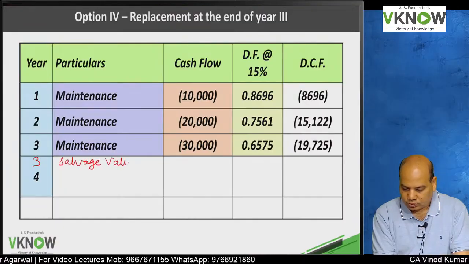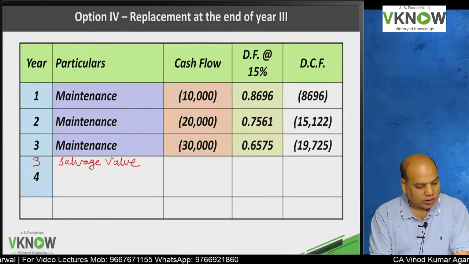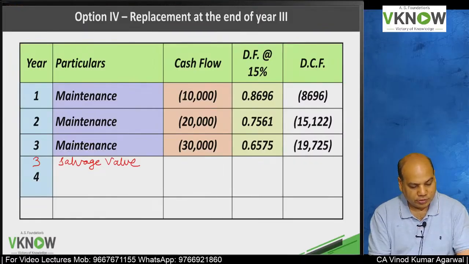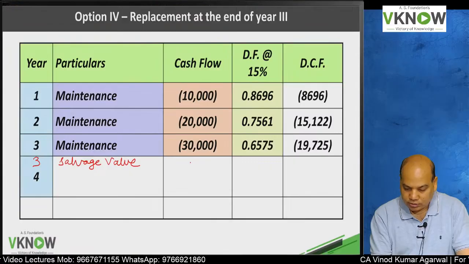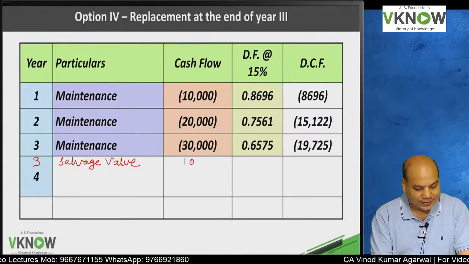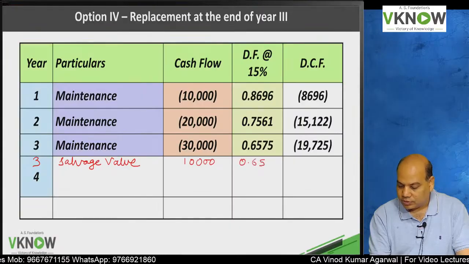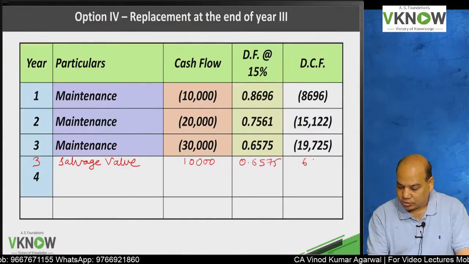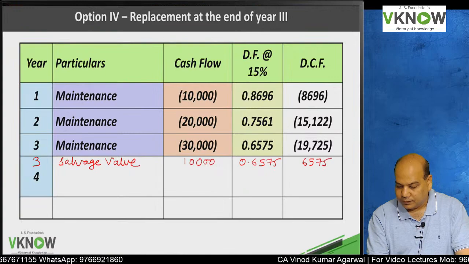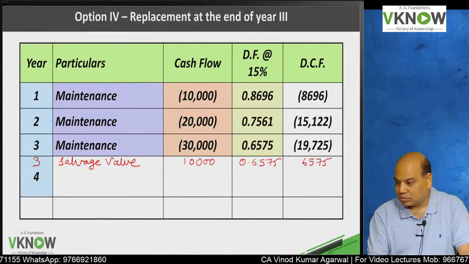Salvage value. How much is that in the third year? Is it 10,000? 0.6575, 6575 present value. Okay.